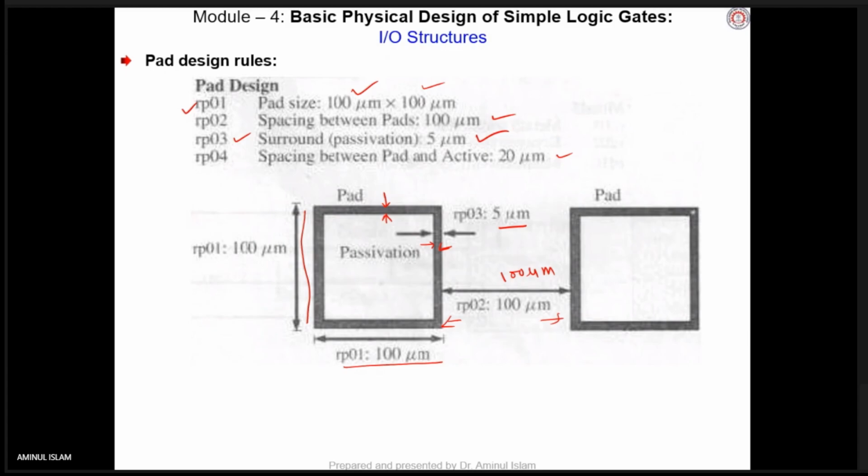Of course, if you take a different foundry file or design rules, then these dimensions may be different. As the technology is evolving and bonding equipment and fabrication equipment are improving, they can make finer sizes. So the rules and the dimensions may be different.